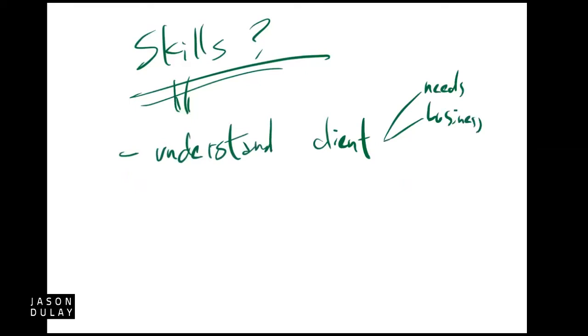And this is when business knowledge comes in, because a lot of people think that graphic design is all about being artistic, right? A lot of people think it's just about being artistic, where in fact it involves understanding a client's business needs, understanding what would resonate with a market, right?